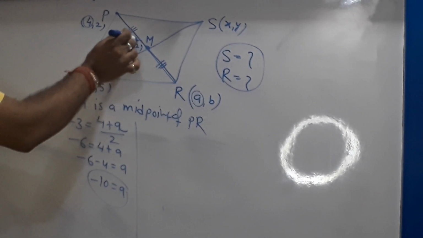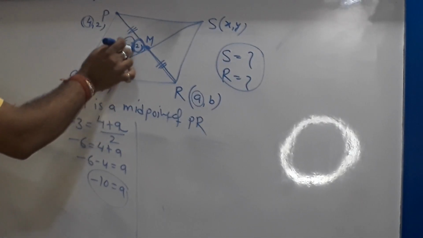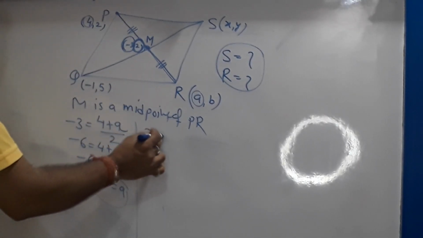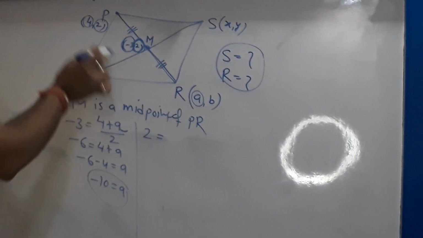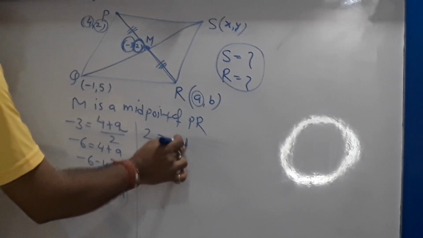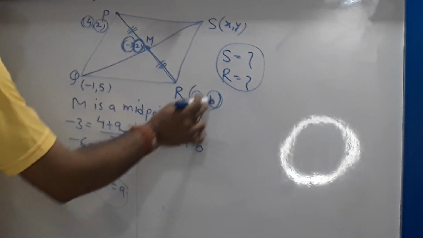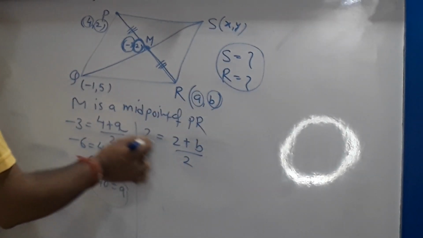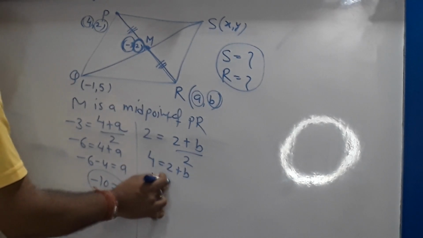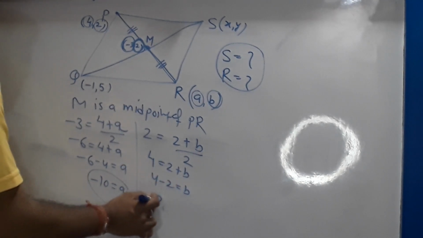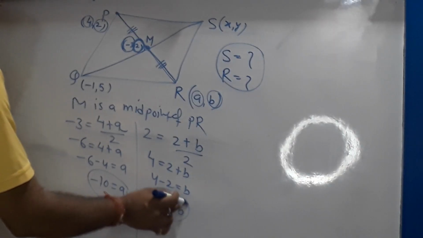Similarly, using the second coordinates: 2 is equal to (2 plus b) upon 2. Cross multiply: 4 is equal to 2 plus b, so b is 2.